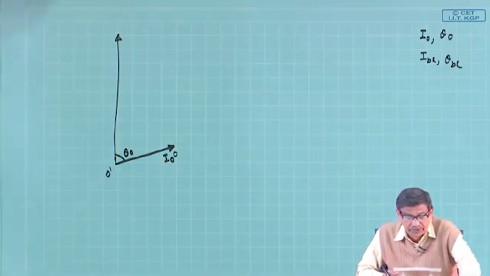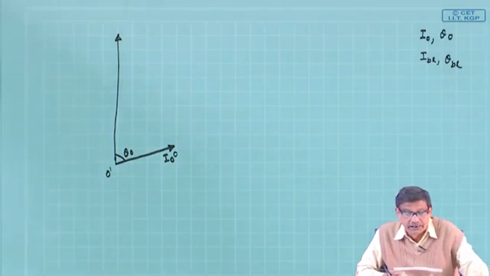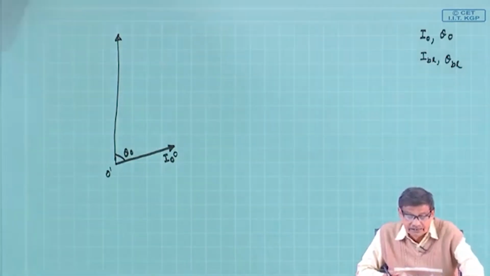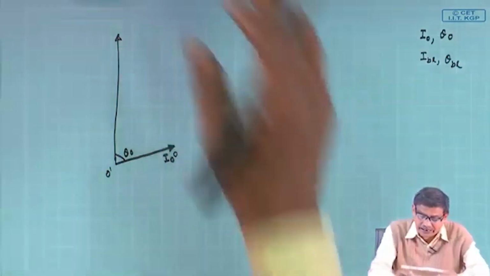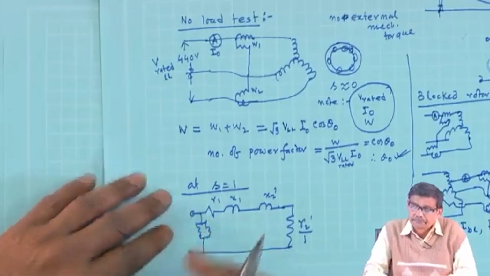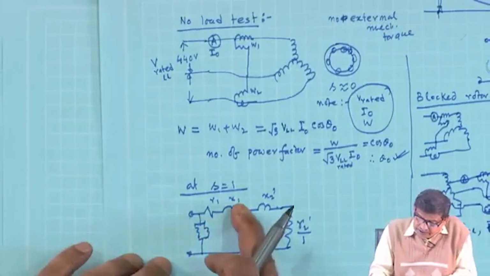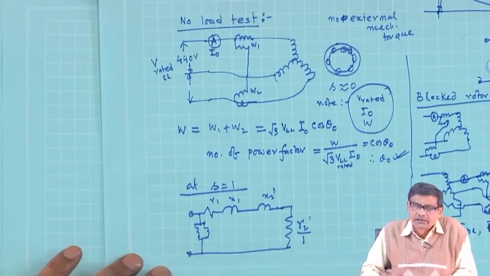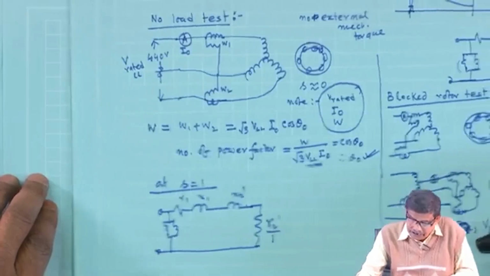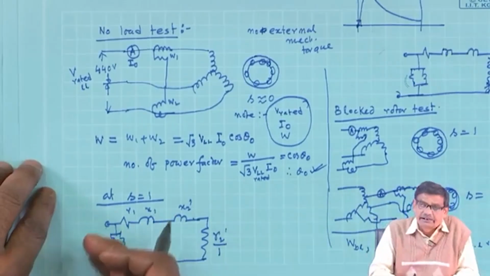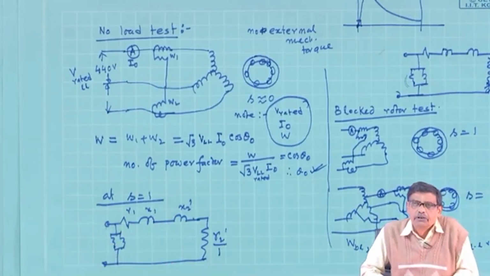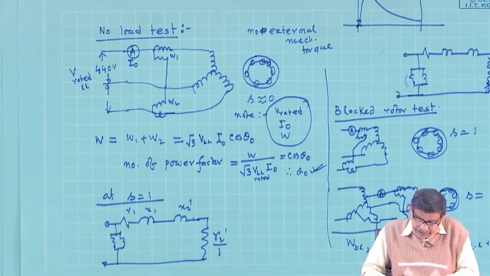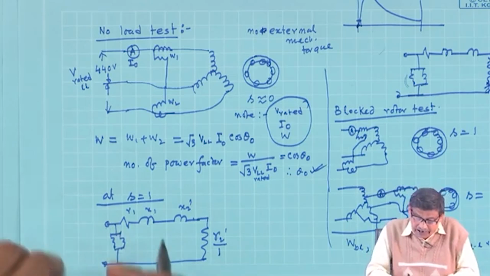Only thing you should note one important thing, during block rotor test this parallel branch can be neglected. Why? Because this current is so high, this can be neglected. Physically also I am applying only a fraction of the voltage, flux level will be less, core loss will be less, that magnetizing current too will be less.